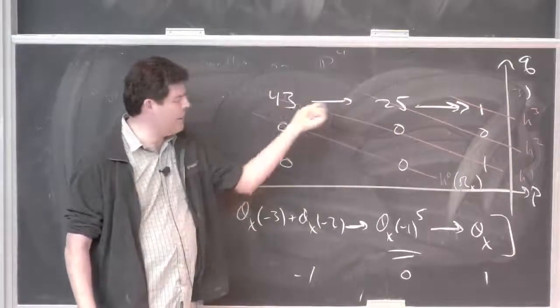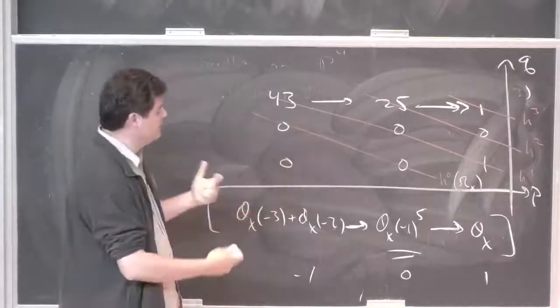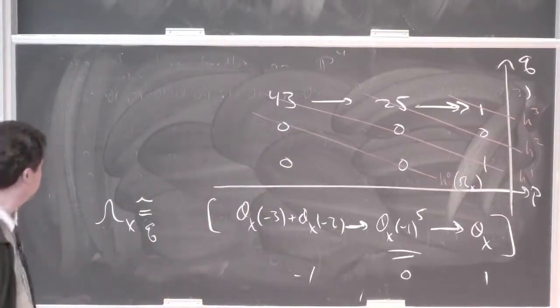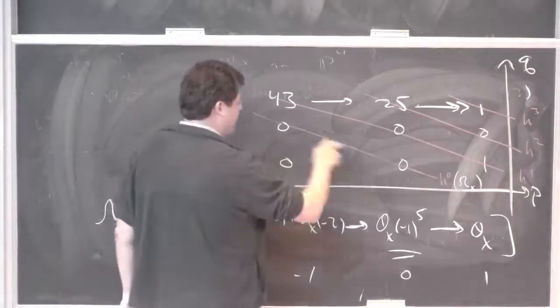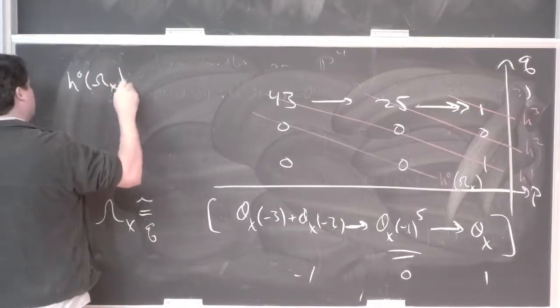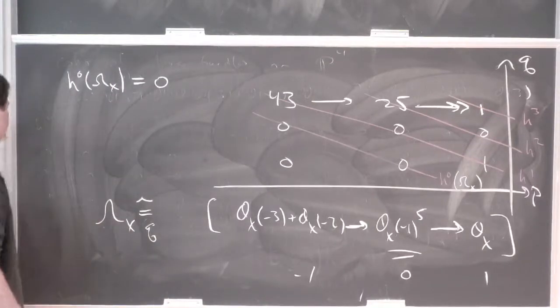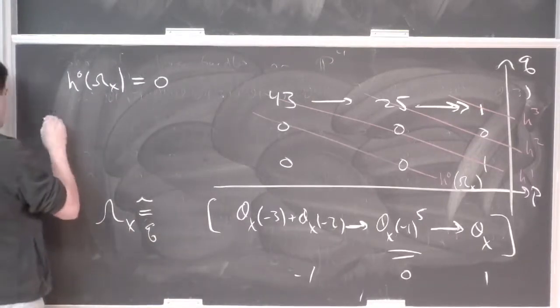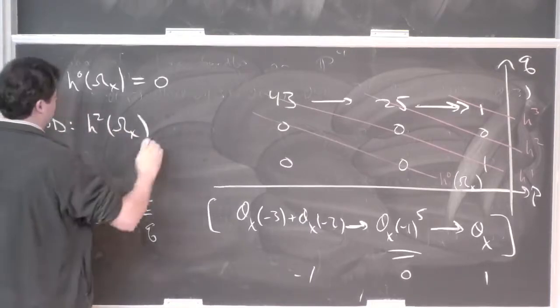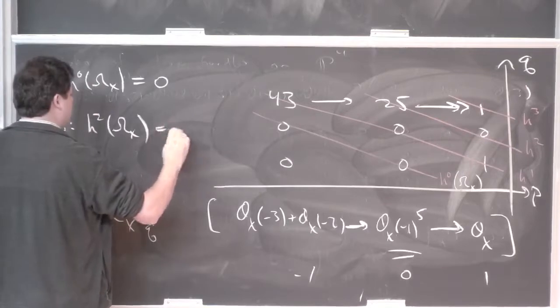But the rank of this map, I can't tell by that similar trick. But I can tell I'm never going to get anything on this diagonal. So h0 of Omega_X is 0. And by Serre duality, I know that h2 of Omega_X is 0.